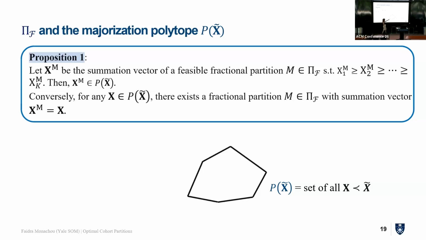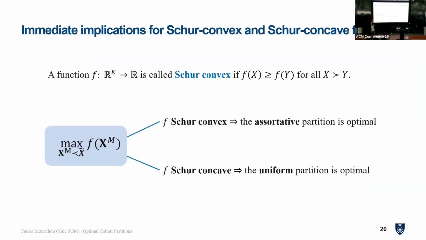But if we also take any point in the polytope, then we can find a feasible partition. This already tells us a lot for the optimal partition. We can immediately say that if this objective is Schur-convex, then the assorted partition will be optimal. If it's Schur-concave, then the uniform partition will be optimal.